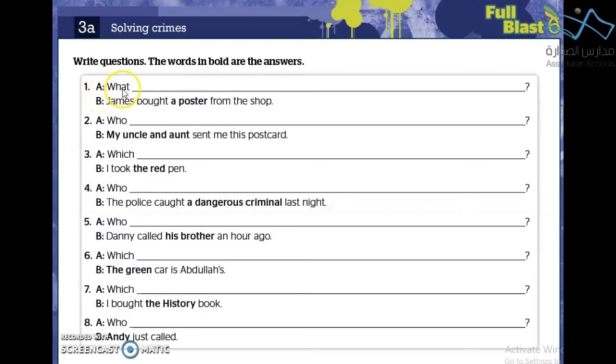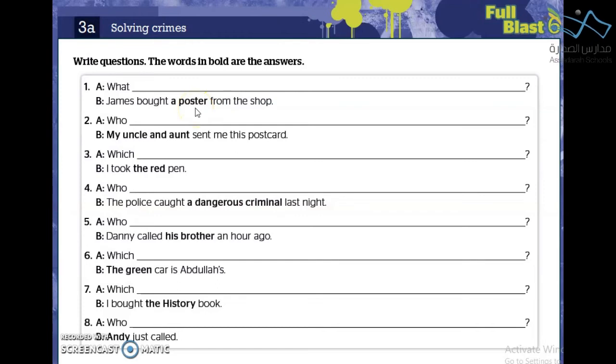My question will start with what, so I'm asking about a thing here, not a person. Look, B, this is the answer. James bought a poster from the shop. And I want to form a question according to this word, which is written in bold, a poster. A poster here is an object, the object of the sentence, not the subject, because the subject is James. James is who bought that poster.